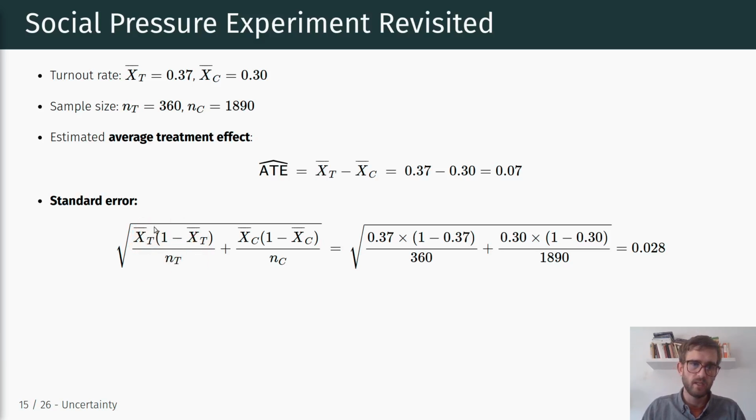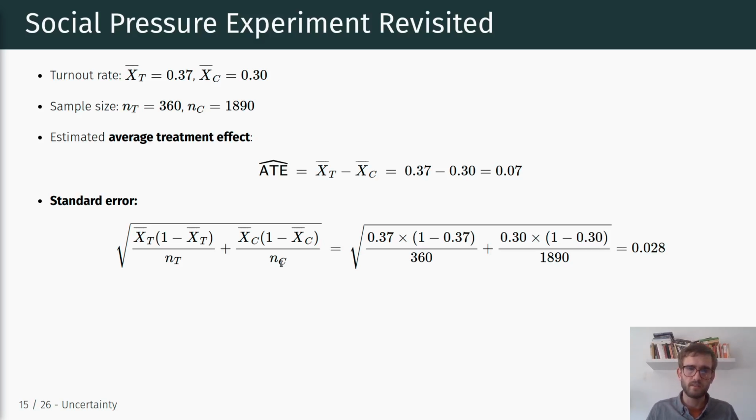So we have here the variance of x_t bar, x_t bar times 1 minus x_t bar, divided by n_t, the sample size of our treatment group, and the same variance for our control group. And again, the same logic, we divide by n_t and n_c, since we're looking at the standard deviation of our sampling distribution.